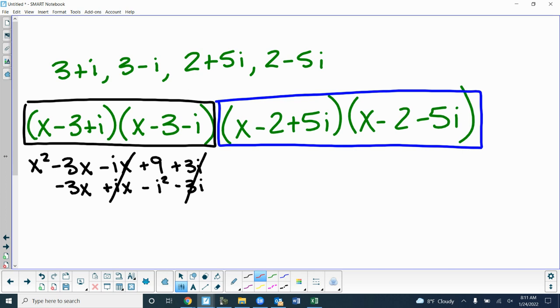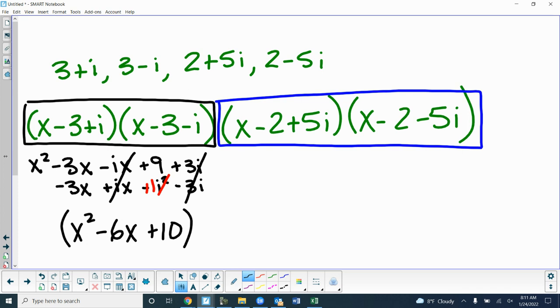You got to remember there's a 1 in front of that. I just get confused when it's -i squared. What do I put there? Well, that's actually a positive 1. So combining like terms, I got x squared minus 6x, and then 9 plus 1 is 10. So those first two.